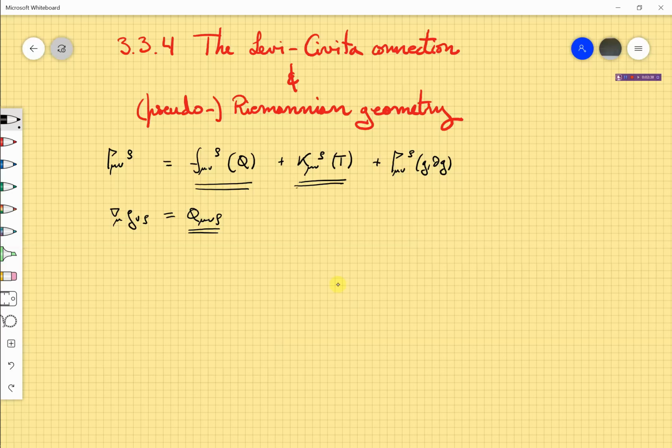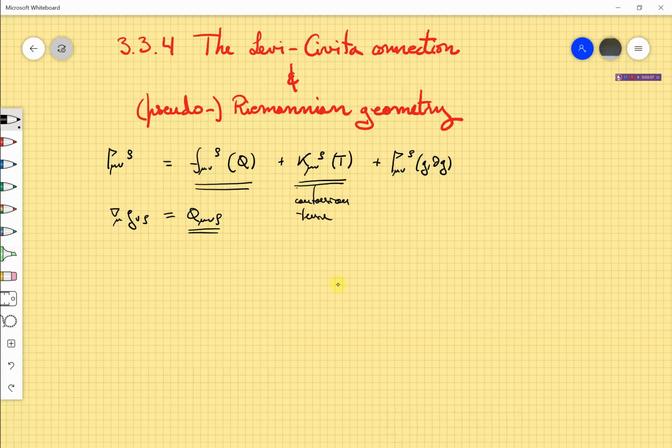This piece K mu nu rho is called the contortion tensor, and vanishes when the torsion vanishes. Again, it's a combination of T with some indices raised and some indices lowered.